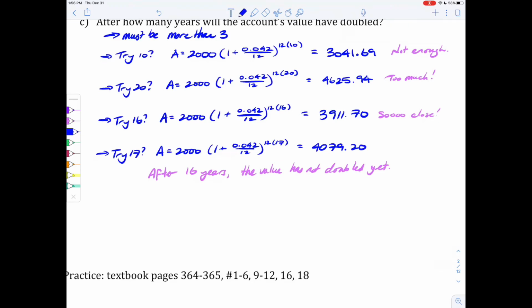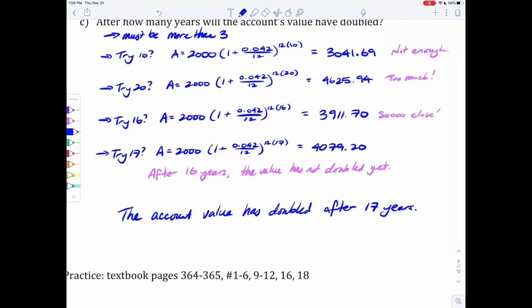We can say the account value has doubled after 17 years, and no sooner than that.